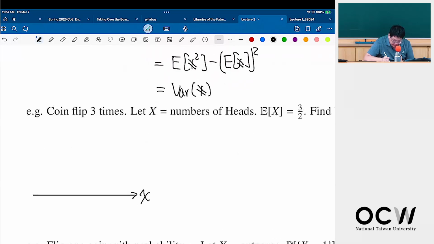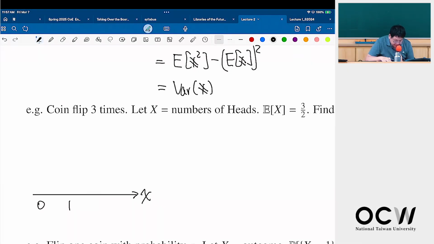For x, I have 0, 1, 2, and 3. We get 1/8 for zero heads, 3/8 for 1 head and also for 2 heads, but for 3 heads we go back down to 1/8. So here's 1/8, 3/8, 3/8, and 1/8.